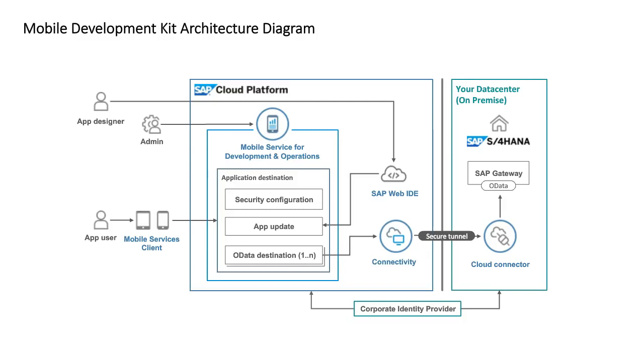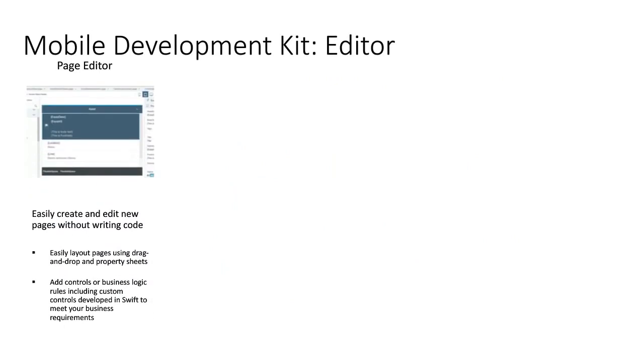Okay, and then like I mentioned, all the applications are developed within SAP Web IDE. What we do with MDK is the editor takes SAP Web IDE's visual approach even further. The first thing you see here is the page editor. The page editor enhances the Web IDE's layout editor, so you can create new pages, and you can map actions, rules, backend objects, and elements directly to screen elements very easily without having to drop into the code editor.